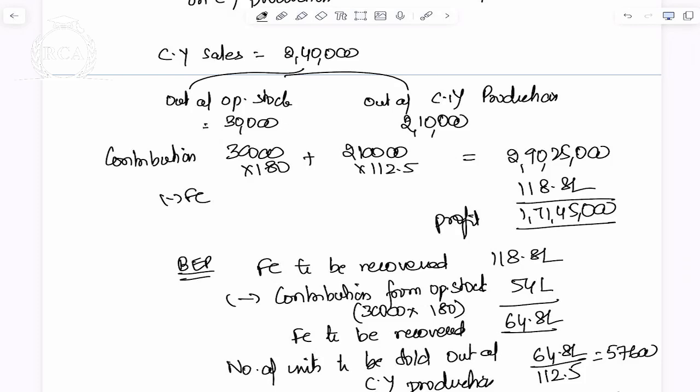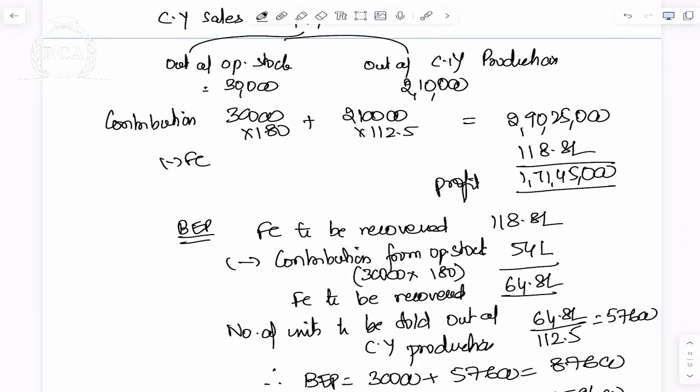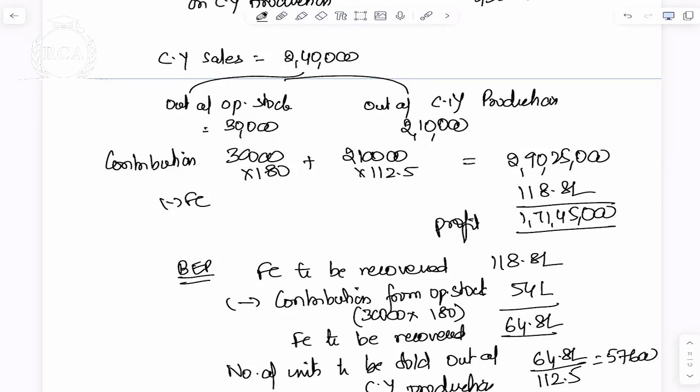We also have to value closing stock guys. If you have any doubts you can ask guys.